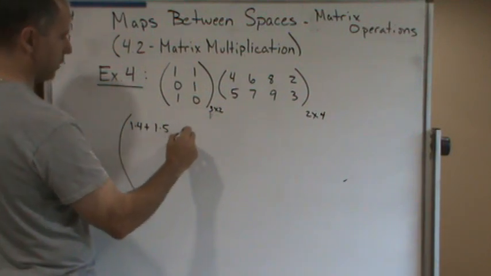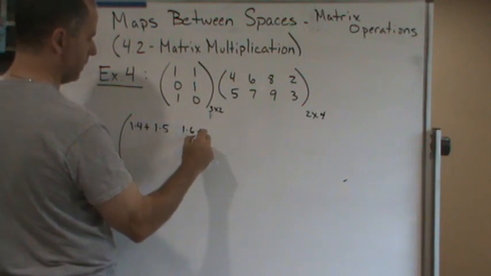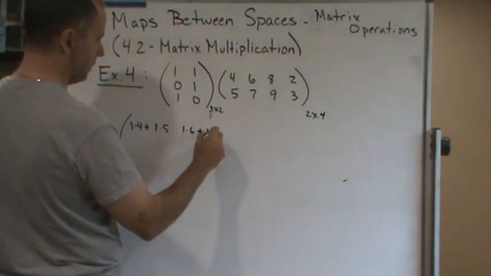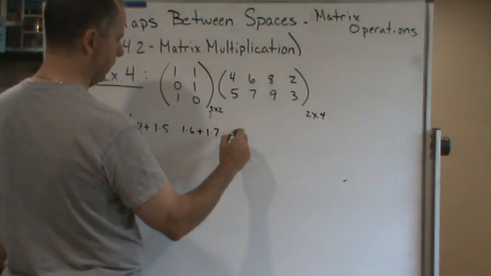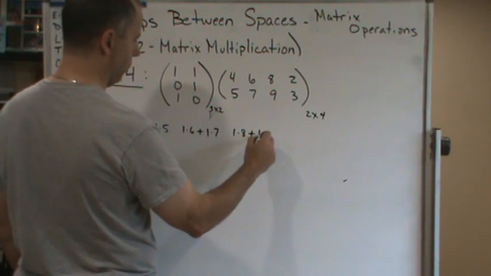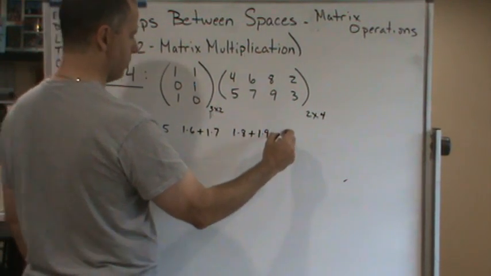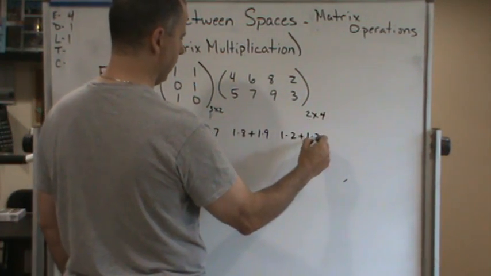Now I'm going to go to the next one, which is 1 times 6 plus 1 times 7. Then the next entry is 1 times 8 plus 1 times 9, and the last entry is going to be 1 times 2 plus 1 times 3.